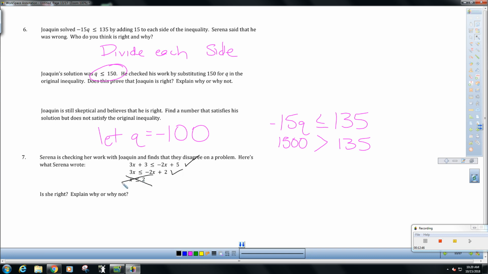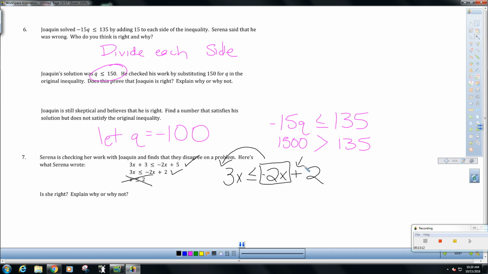That is incorrect. So let's go back to 3x is less than or equal to negative 2x plus 2. What are we solving for? X. What do we need to do? We want to move the negative 2x over to this side so we just have a number over there. Well, how do we move the negative 2x? It's being added to the 2, okay?